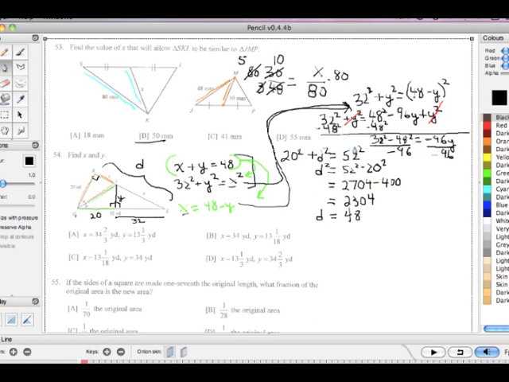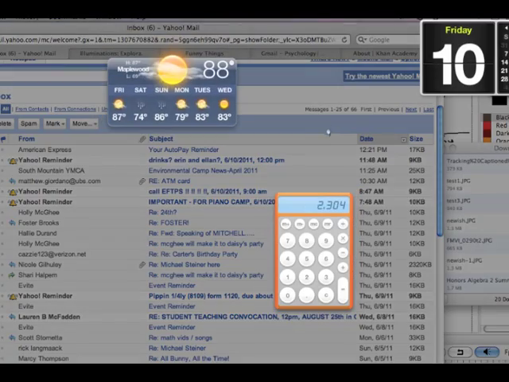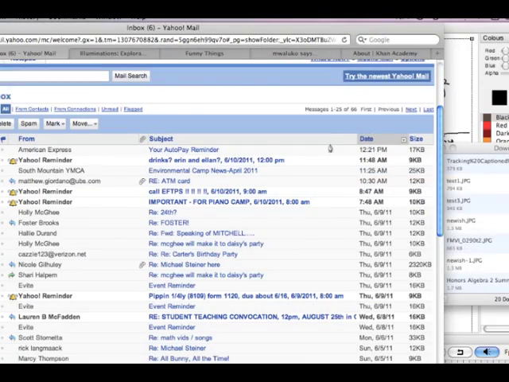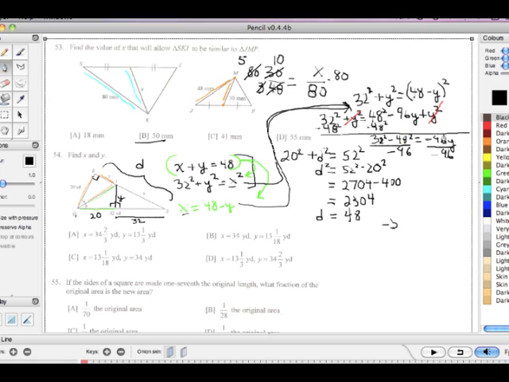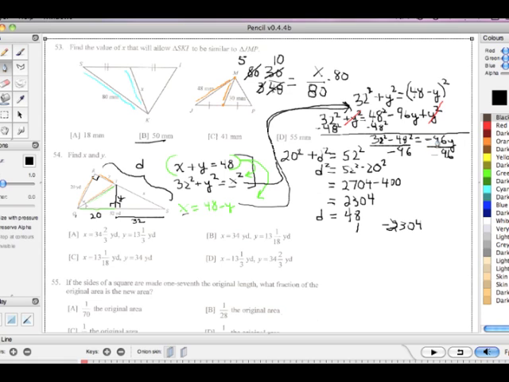So minus 2304, and 32 squared. 32 times 32 equals, so it's going to be 1024. If this is painful, please go on to the next problem.